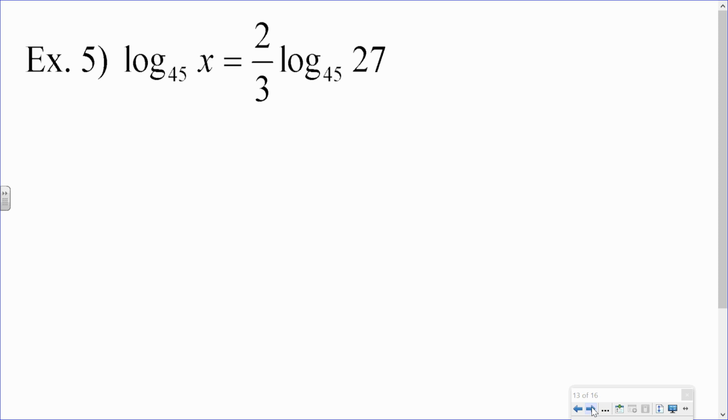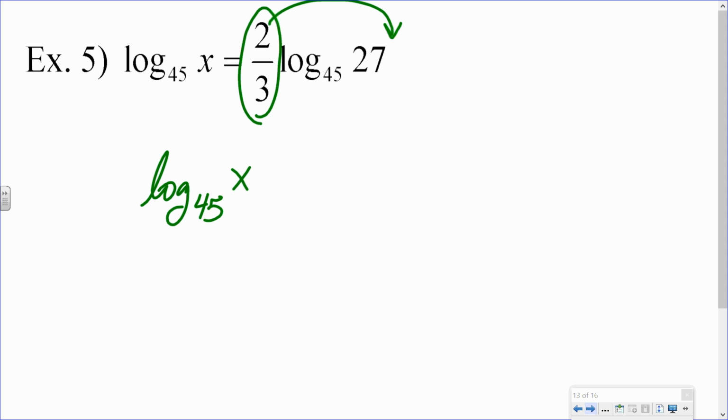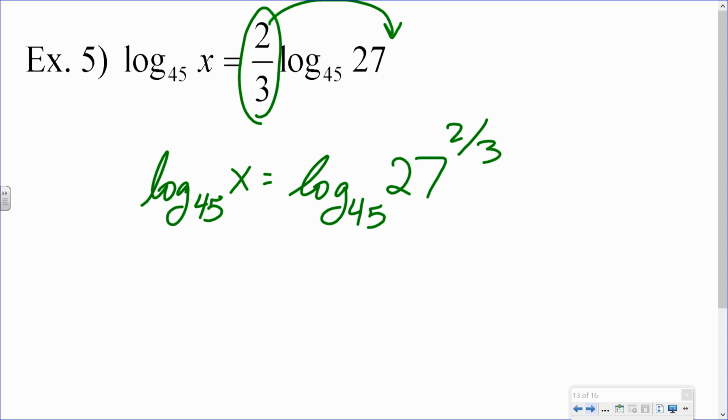Blake, you're nodding your head. Do you have an idea? Exactly. We're going to take that number out in front and let that be the exponent on the 27. So we have log base 45 of x equals log base 45 of 27 to the 2/3.